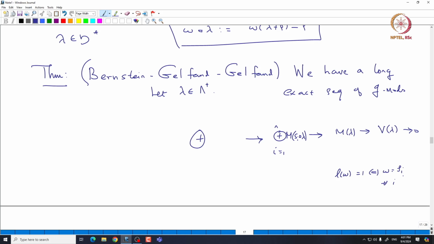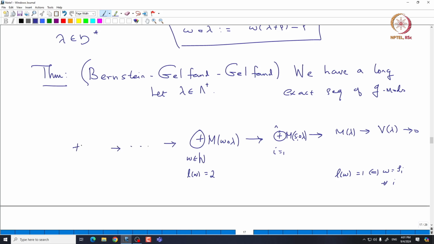Using this observation, the fourth term is going to be M of w dot lambda, where w comes from w whose length is just 2. Then you continue this as an exact sequence.